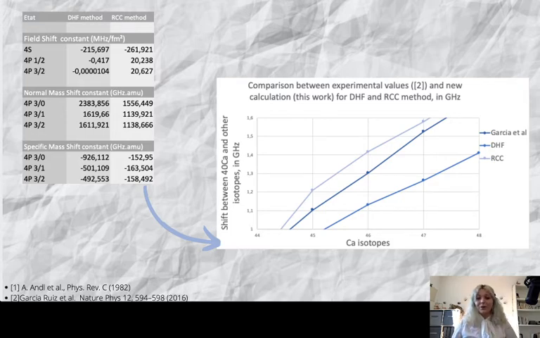Still, even though our RCC method gives satisfying results and we're working in the right direction, it is not as close to the experimental results as we would like it to be. We still have a 10% error, which is not that good. So in the future, we're looking forward to increasing our precision and making new calculations. If you're interested in that, look forward to it.